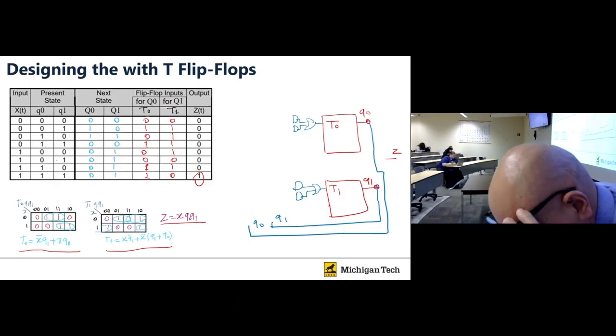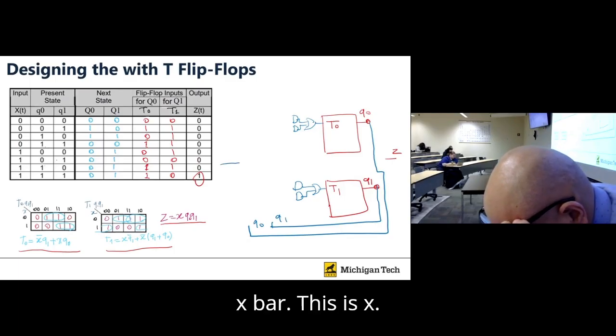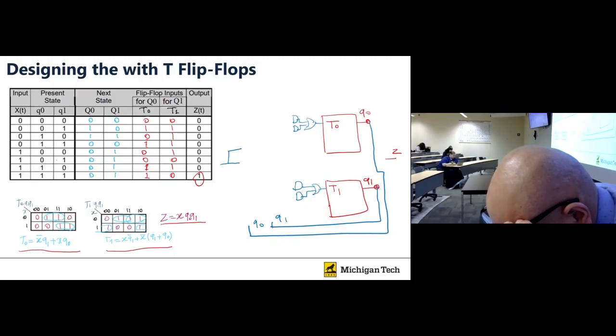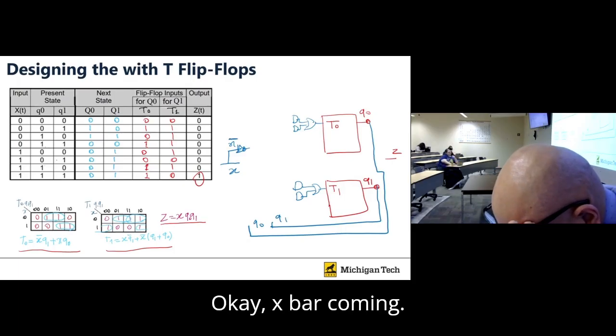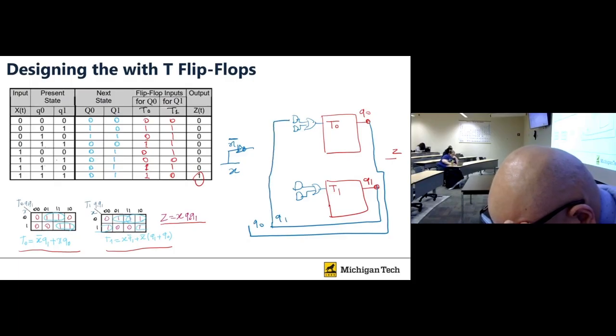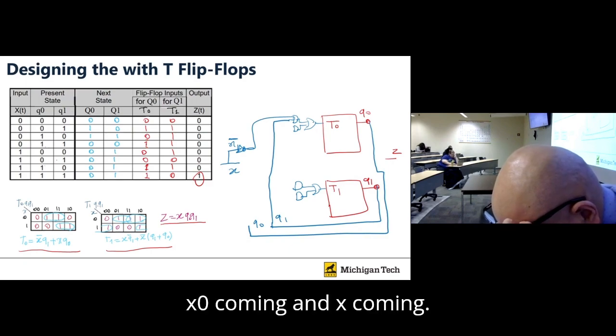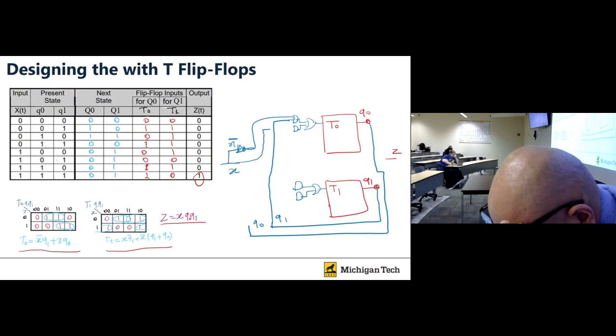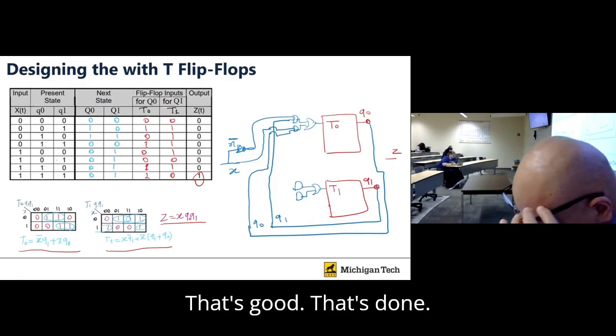Let's go for T0. T0. X bar. This is X. X bar. Okay, X bar coming. One of them. Then X coming and X coming. That's good.